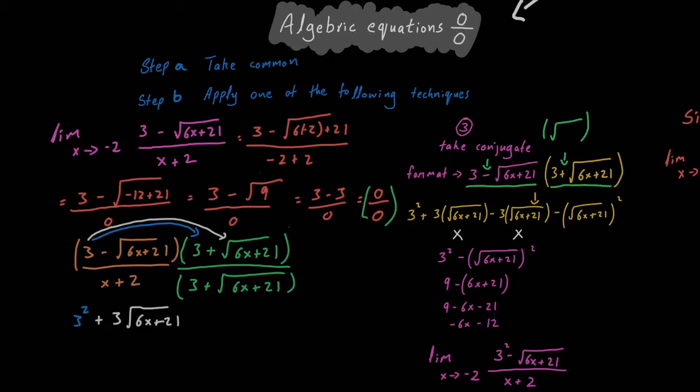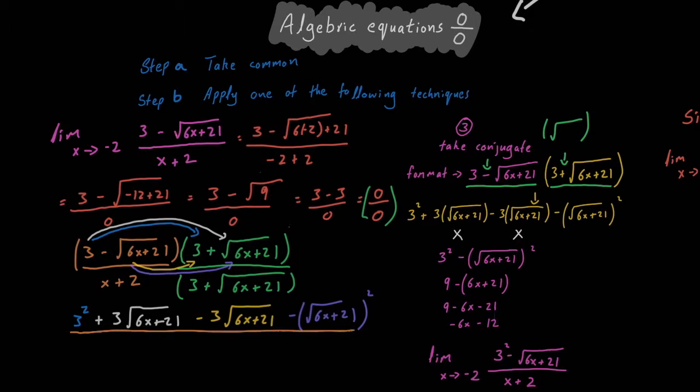Then negative under root 6x plus 21 will be multiplied with 3, so it would become minus 3 under root 6x plus 21. And finally, negative under root 6x plus 21 will be multiplied by under root 6x plus 21. So this would become negative under root 6x plus 21 square.